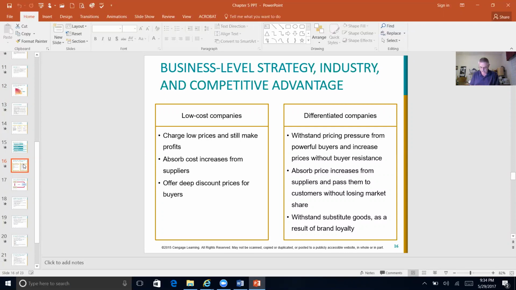And that differentiated company should not cut costs to a point that it harms its ability to differentiate itself from its rivals. At the same time, neither can a differentiated company let its costs get out of control. So whichever way you choose, you constantly have to be scanning your competitive environment, because that environment is constantly changing.